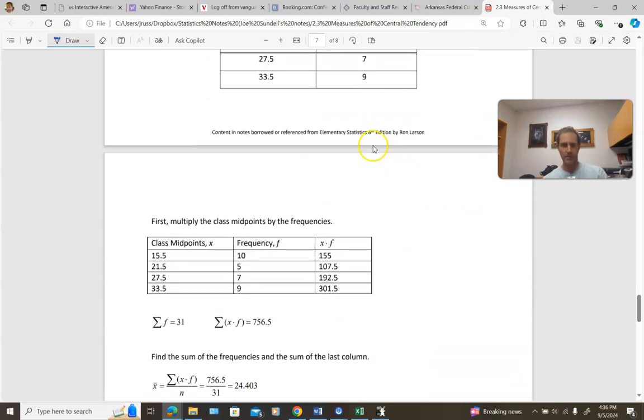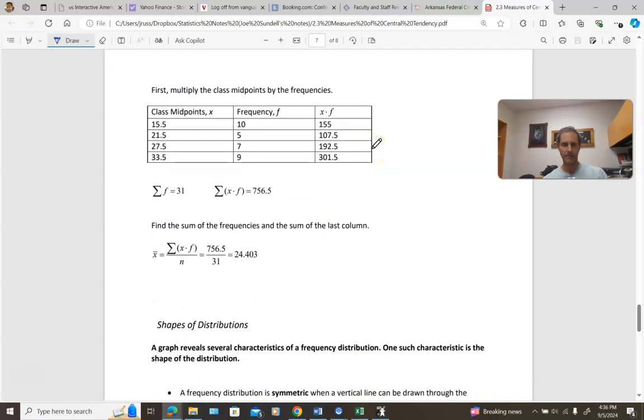Alright, so here's an example. We don't actually see the frequency distribution, but let's say these are the midpoints from the 4 different classes, and these are the corresponding frequencies in each of those classes. The first thing we would do is find those products, just like we did with the weighted mean.